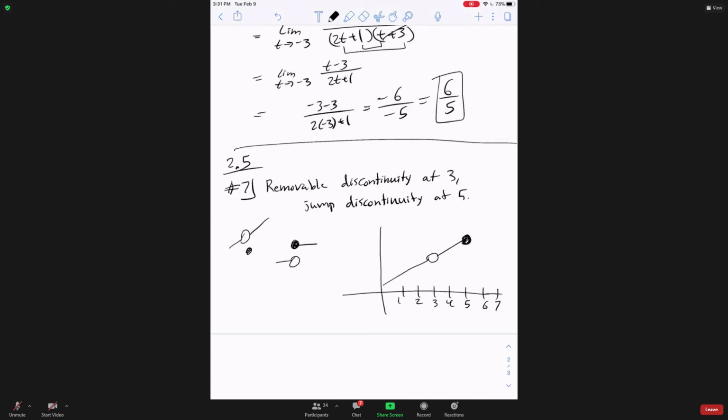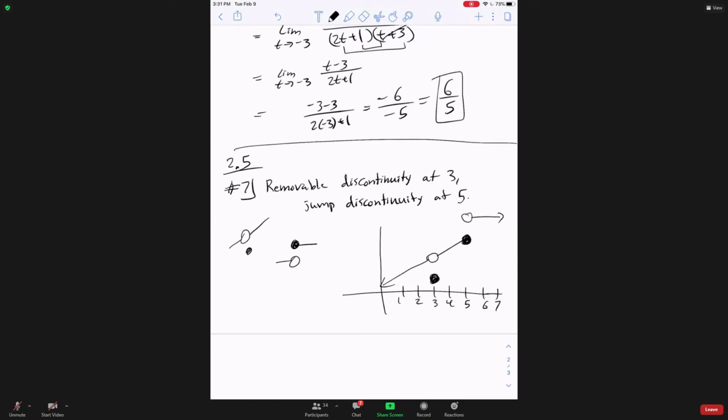And so that would be an example of a problem with a removable discontinuity at 3 and a jump discontinuity at x equals 5. Does that make sense, Daniel? Yeah, it does. A lot better, actually. Thank you.